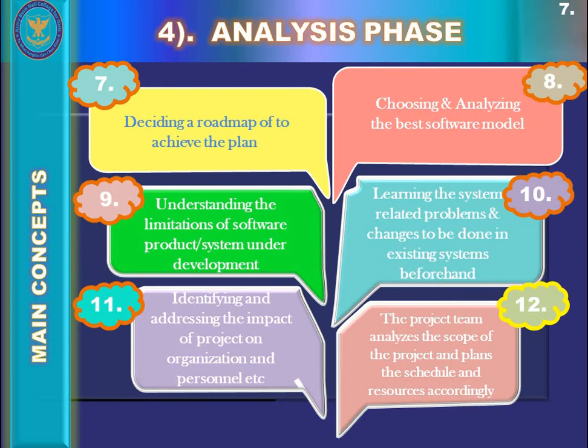These are basically telling you the summary of the analysis phase. In the analysis phase, the developers decide a roadmap for their proposed plan, system, or software, and the developers choose the best development model as per the requirements of their proposed project or software.